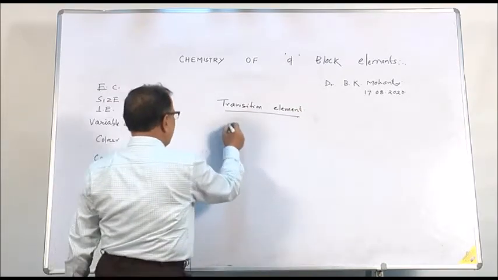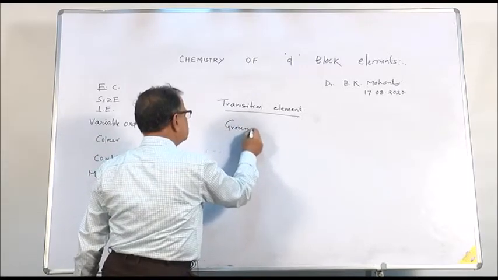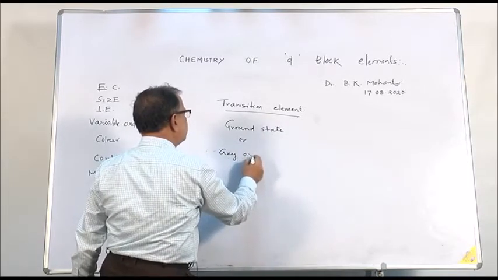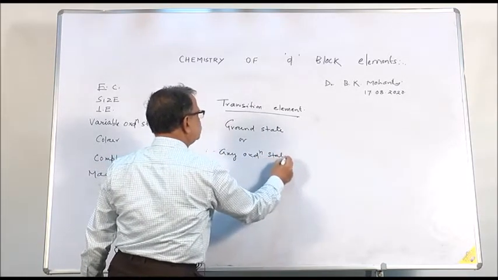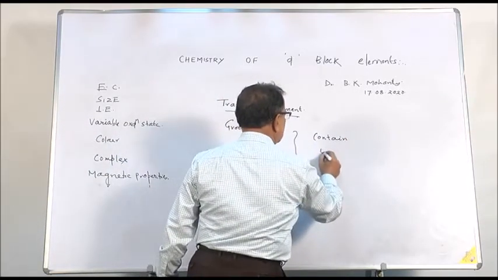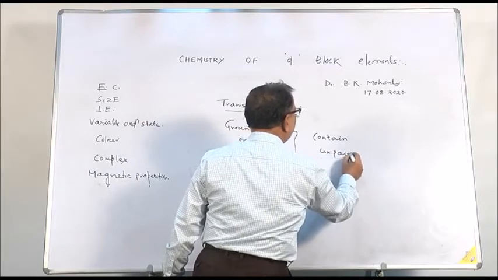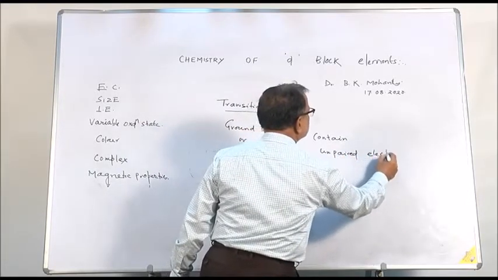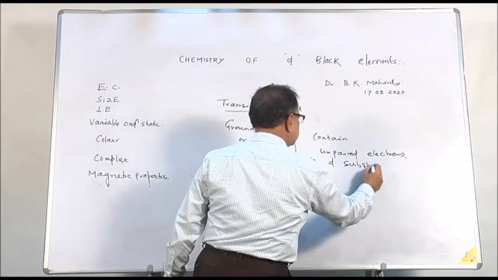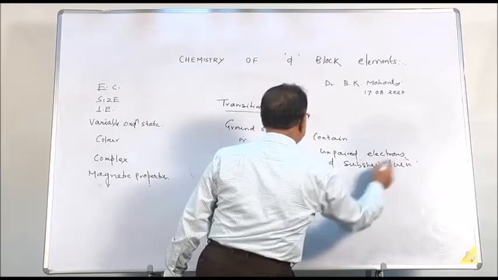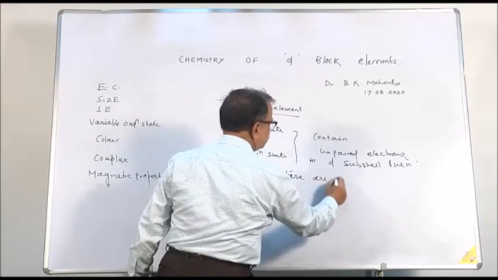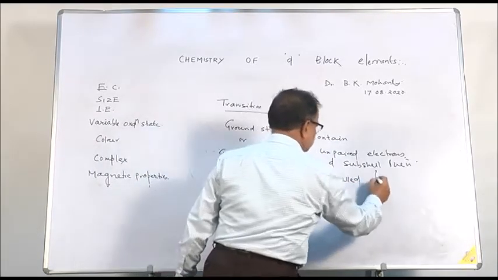So if the element in the ground state or any oxidation state contains unpaired electrons in the d subshell, then these are called transition elements.